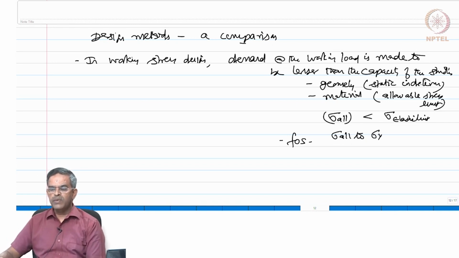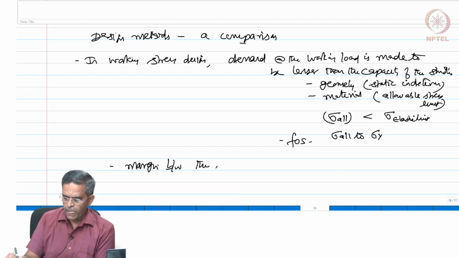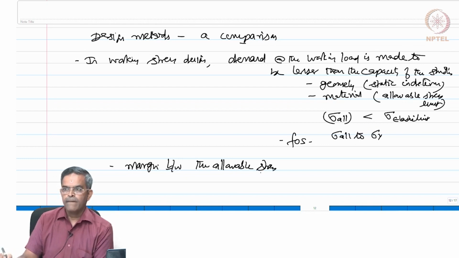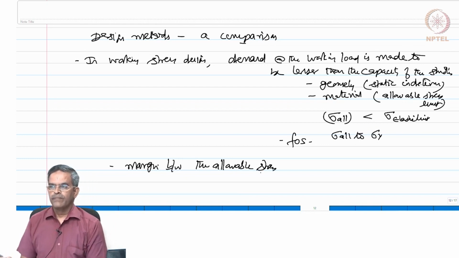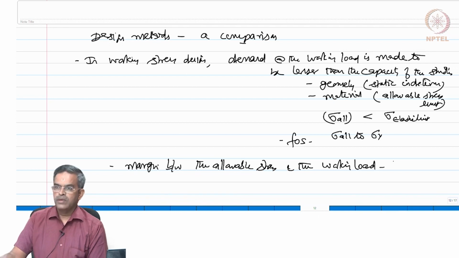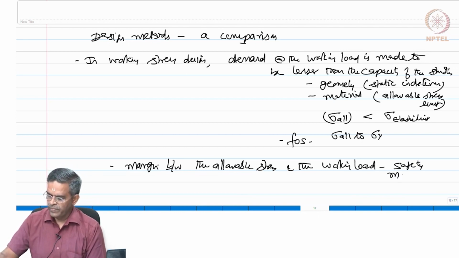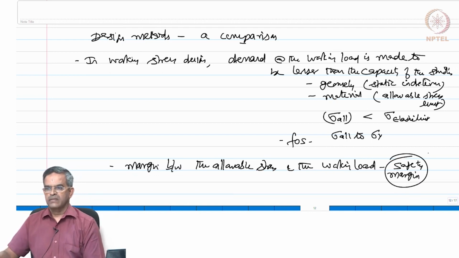So, the margin between the allowable stress and the working load is actually termed as a safety margin, right. So, there is an explicit safety margin in the design like this.